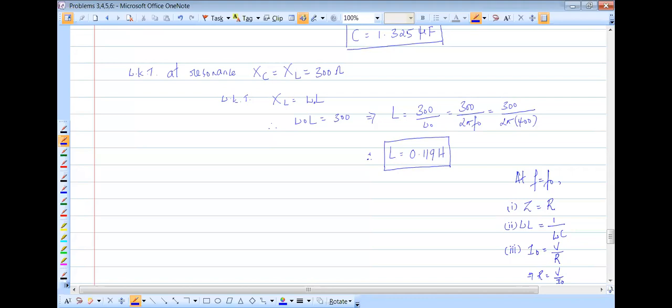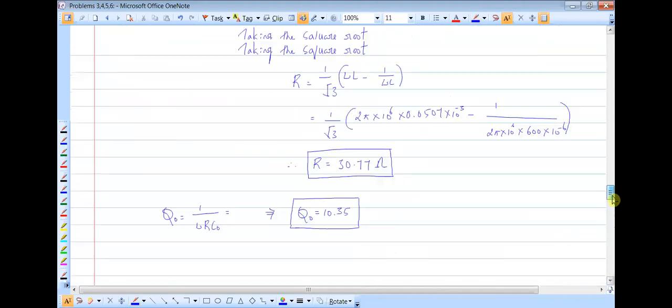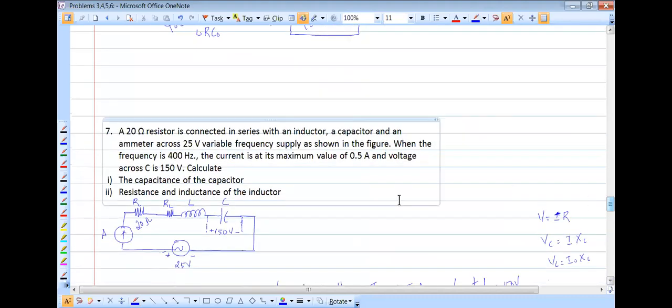So do we know V in this problem? Let's go back. Do we know V in this problem? No, V is not 150. 150 is the voltage across the capacitance. This is VC. This is V. The applied voltage is V. 25 volts is V. Understand that? Do we know I naught, the current at resonance?